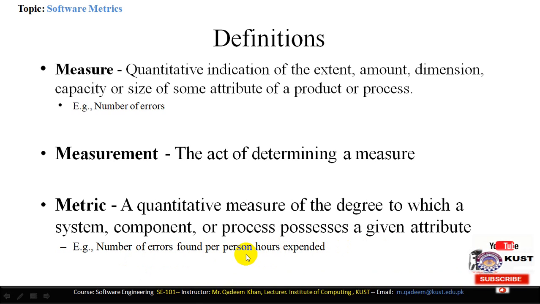If a particular person found many errors or his or her work contained many errors, we will say that the process is contributing very slowly. So by identifying the errors, we find out the metric which will help us to find out whether the process is going in the proper direction or the right direction.